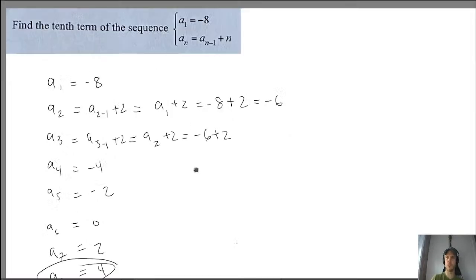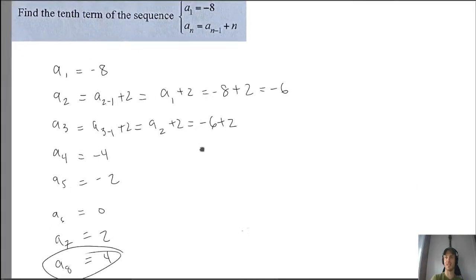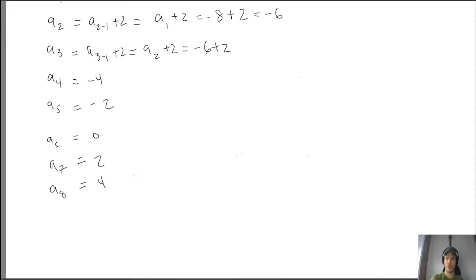So a sub 8 is, oh, they want the 10th. Yeah, they want the 10th. So a sub 9 equals 6, a sub 10 equals 8. There may be a faster way to do that. You can do it with multiplication once you see the pattern.